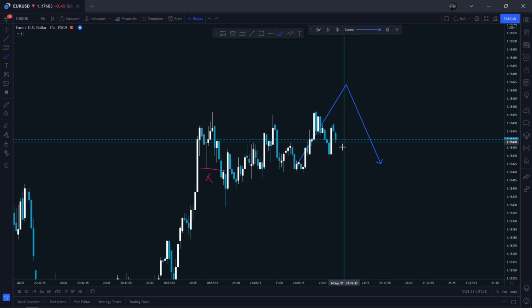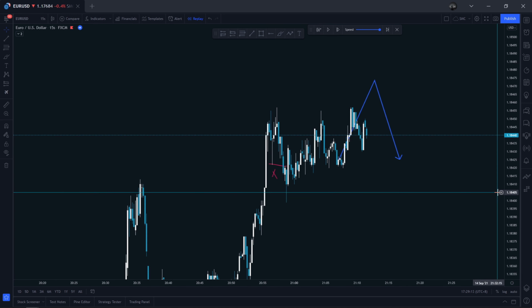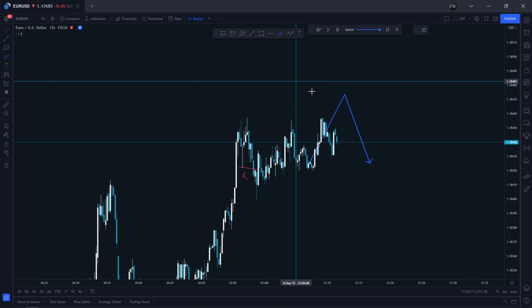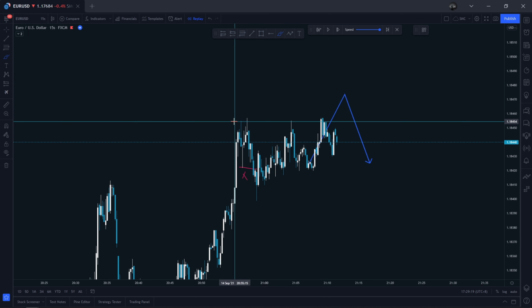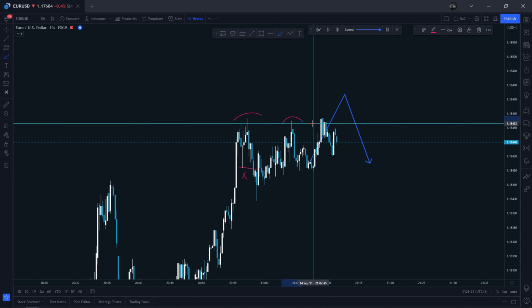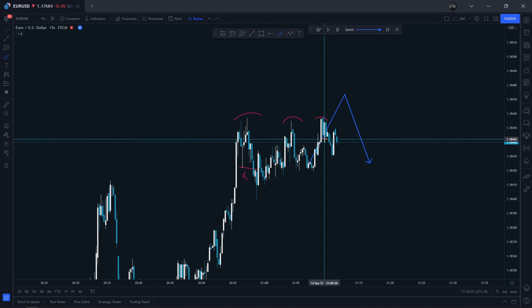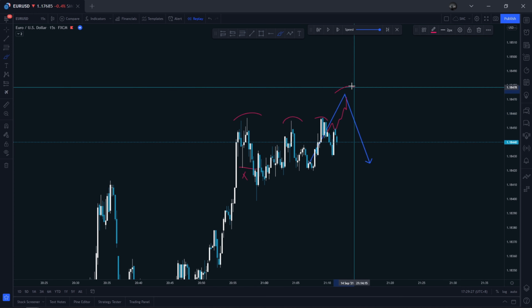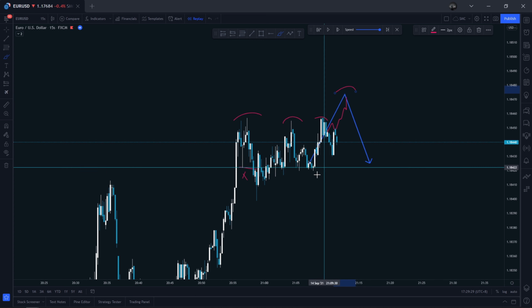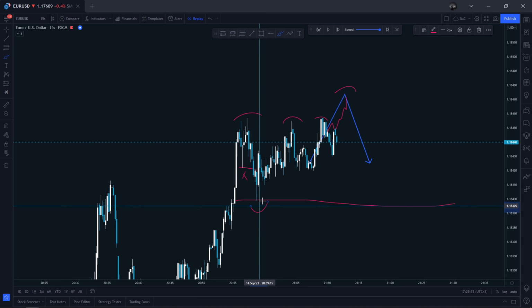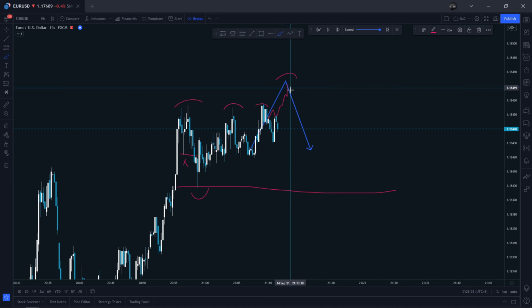Then what I would do is zoom out and say, oh, this could be a larger schematic. What do I see? Buying climax, ST. This could be another ST since it's creating equal highs. Then let's say price went up, so this could be the UT or the UTAD. Then I would wait for that break of structure from this AR or sign of weakness. We wait for that validation.